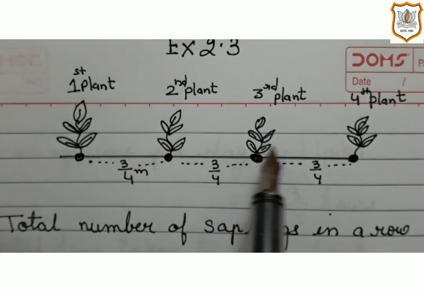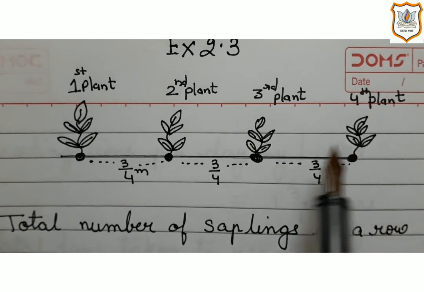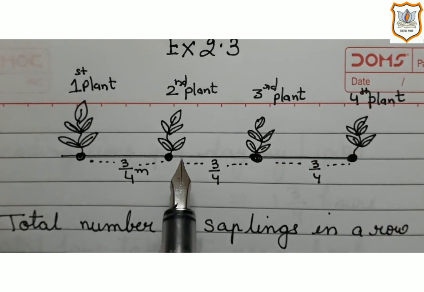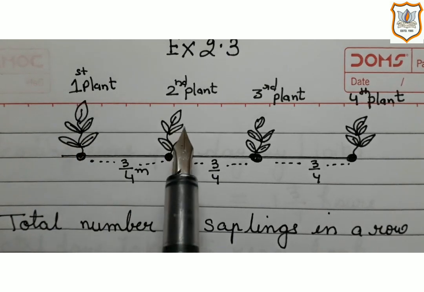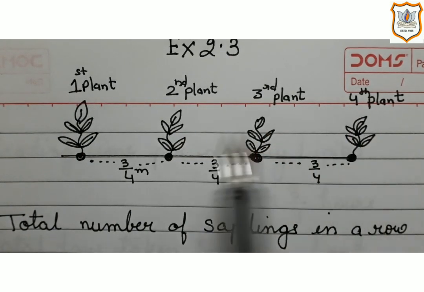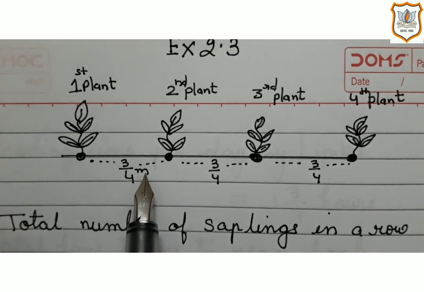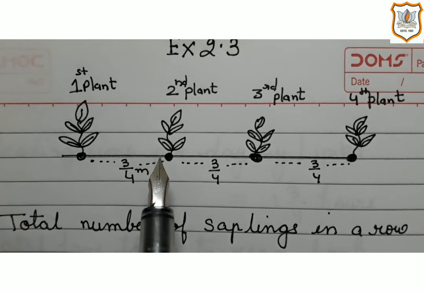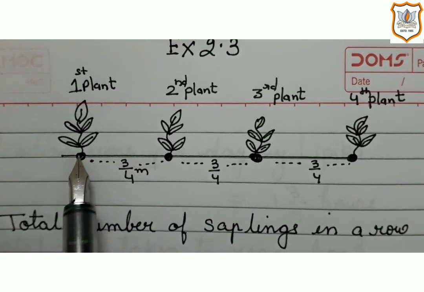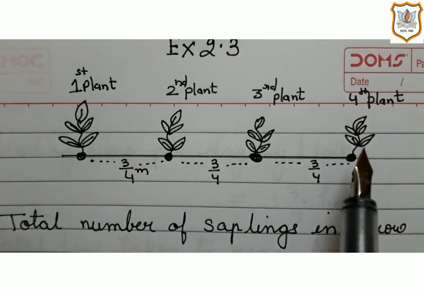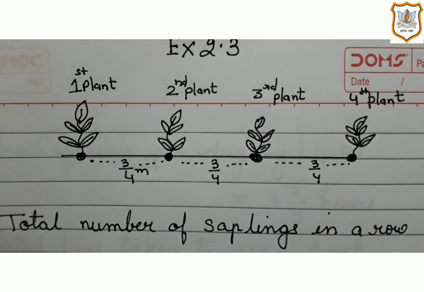These are the saplings grown in a row in the garden of Sally. This is the first plant, this is the second plant, this is the third and this is the fourth. Distance between the two saplings is 3/4 meter. So you have to find the distance between the first sapling and the last sapling.